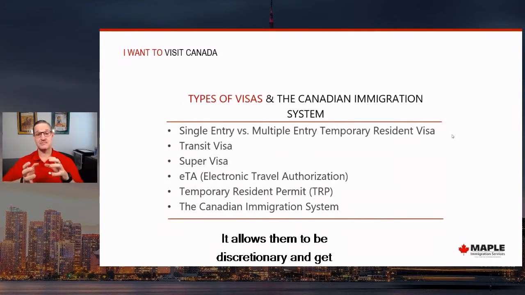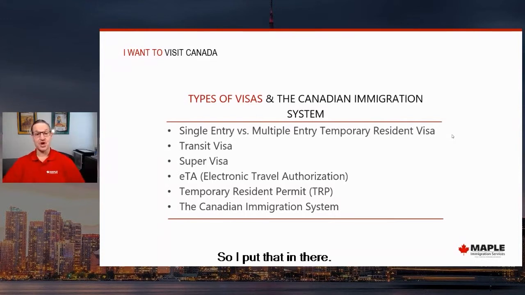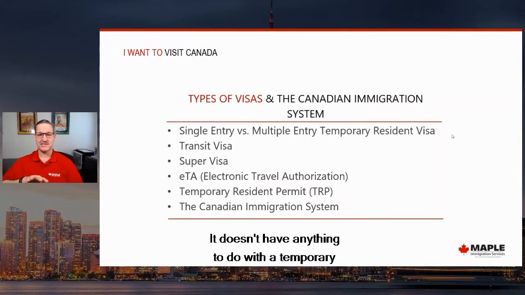It allows them to be discretionary and get over the inadmissibility and allows them to enter and carry on. All right. So I put that in there. It doesn't have anything to do with a temporary resident visa, but a lot of times people confuse these two items because they're very different, but they sound very much the same.